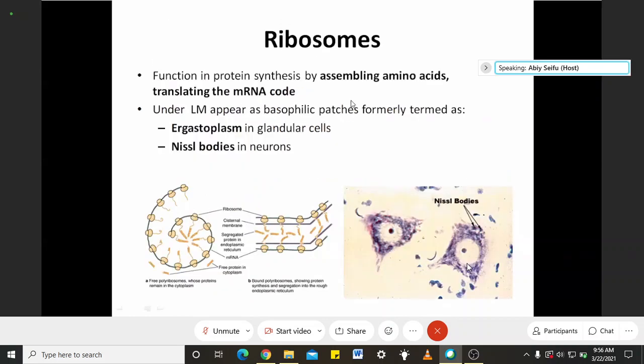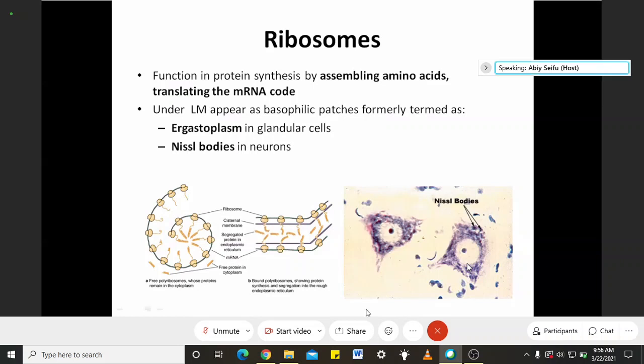As a result, the ribosomes, like this one, are found in cells such as neurons. They are found in plenty. Under light microscopy, you cannot distinctly identify organelles, as I told you last time. But when they are plenty, you can see them as granulated. You can see them stained, depending on the type of staining.